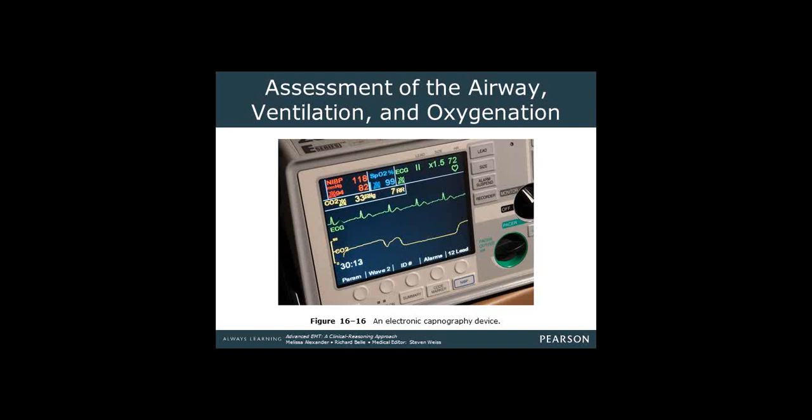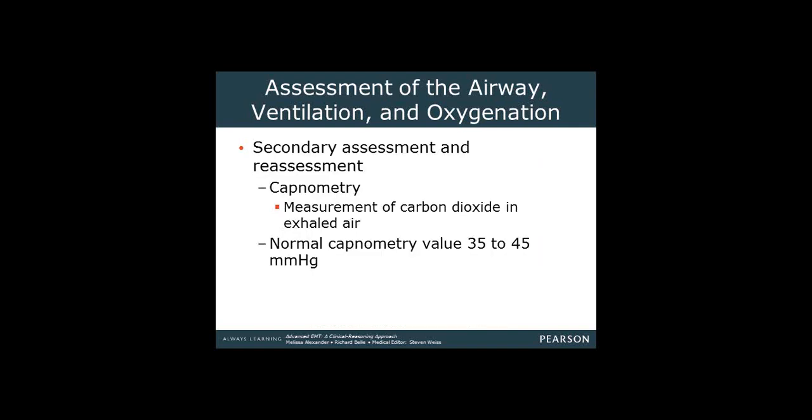But when we look up towards the top of the screen, there's CO2 in yellow, 33 millimeters of mercury, and 7 for an RR. So it's saying that their CO2 level is 33, so that's hypocapnic. That's lower than what we would normally expect. And their respiratory rate is only 7. All right, there again, normal capnometry value is 35 to 45.